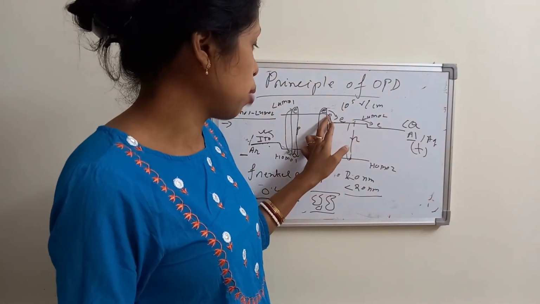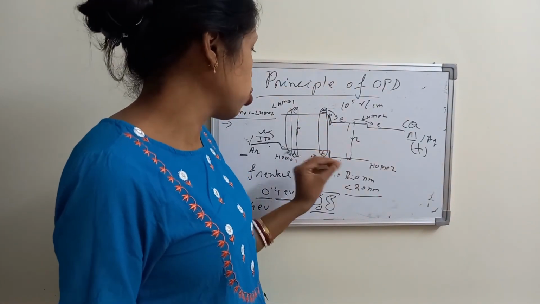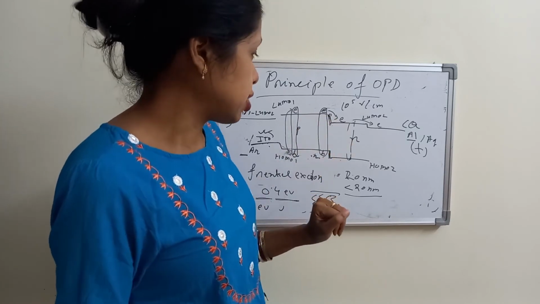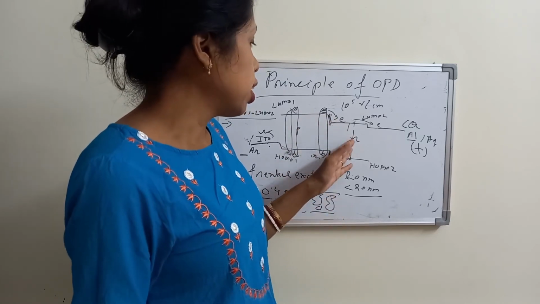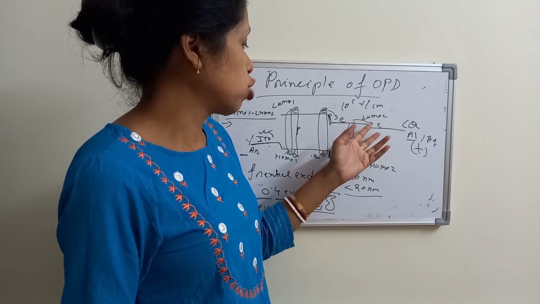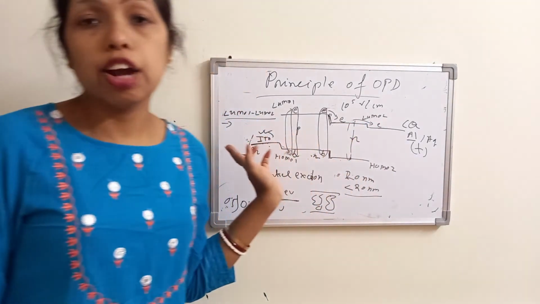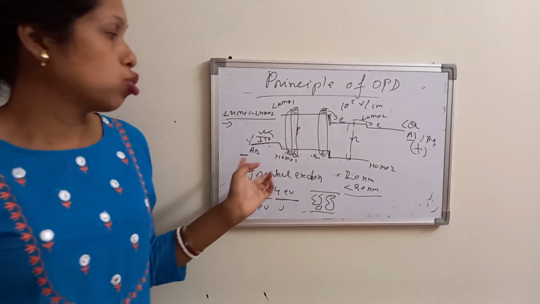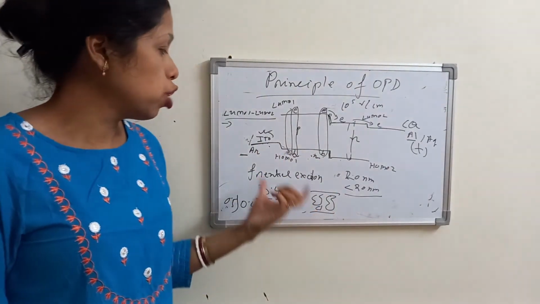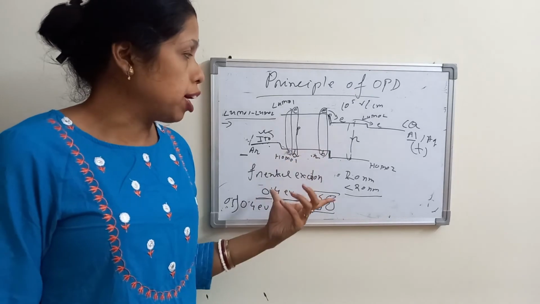And this gap should be maintained in such a way that it can break the exciton, right? Again, there should be a small energetic gap between the cathode and the LUMO of the n-type material, and between the anode and the HOMO of the p-type material. After that, for efficient transport, I have to apply the reverse bias.